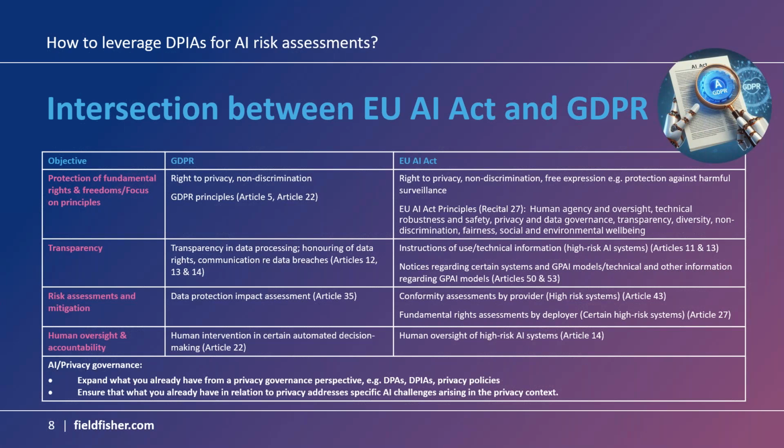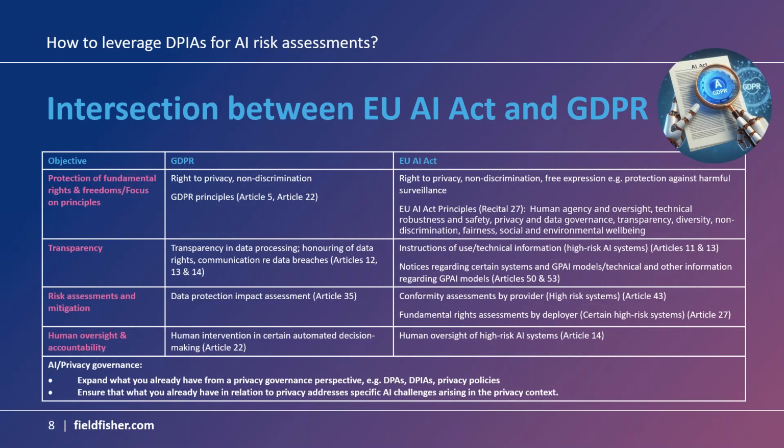The other area of intersection is in relation to human oversight and accountability. Again, many of you will be familiar with Article 22 of the GDPR, which deals with automated decision-making or decision-making based solely on automated processing having a legal or similarly significant effect. And there are certain requirements in relation to that type of processing. In fact, there's a prohibition on that type of processing unless certain conditions are met.